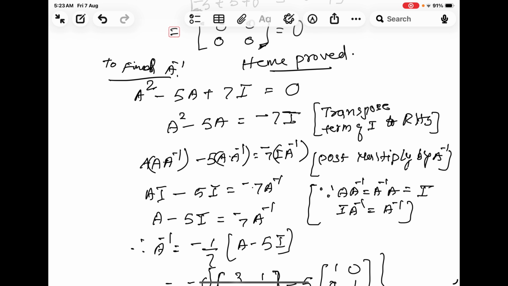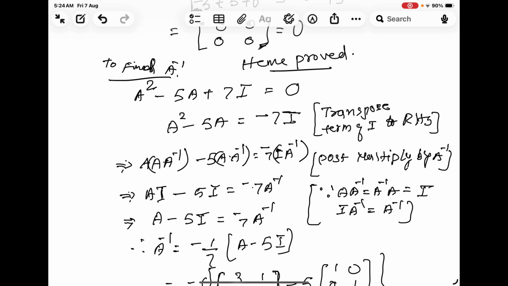So we can write A square as A into A. So we multiply by A inverse, and we get A into A inverse, minus 5 into A inverse, equal to negative 7 I into A inverse.